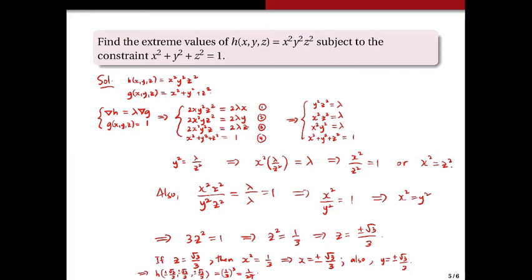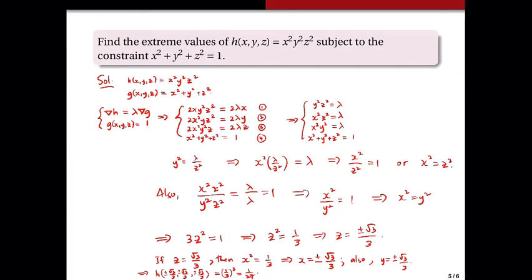So again, similar to our explanation earlier, we'll just get one value for this. Is it a minimum or a maximum? We need to determine that.